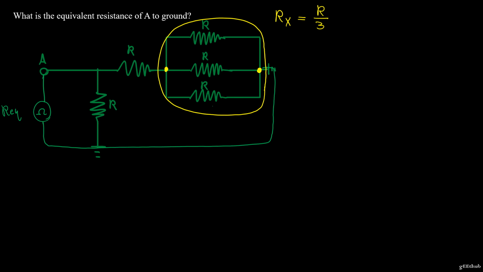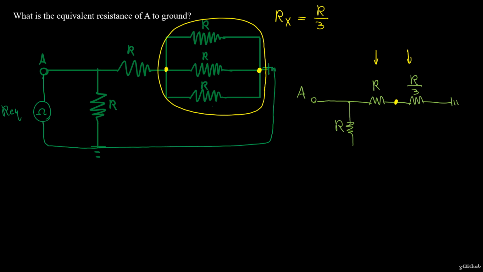So now my circuit looks something like this. I have from point A, a resistor here, a resistor here, and I have my Rx, which is R over 3. Now I know that this resistor and this guy share one terminal together, so they must be in series.